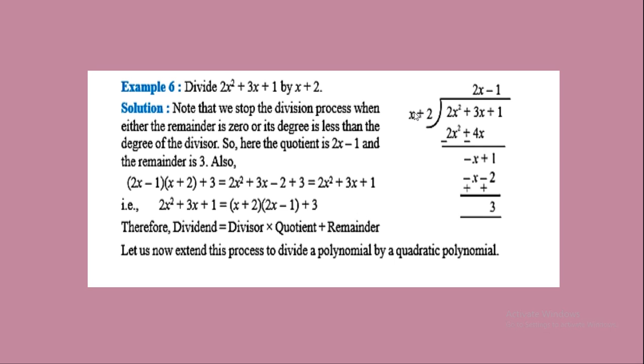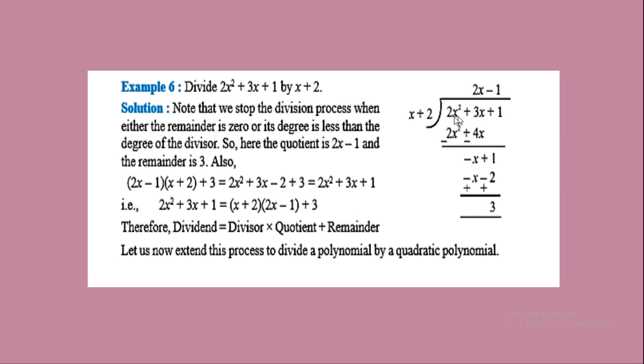Here the degree of the divisor is 1, and here it is 0. At this stage, when the degree of the remainder is less than the degree of the divisor, we can stop the division. Now we have a quotient, a divisor, a remainder, and the dividend is this polynomial.